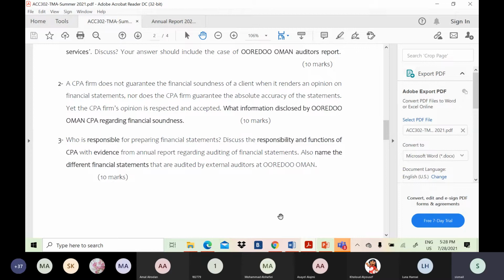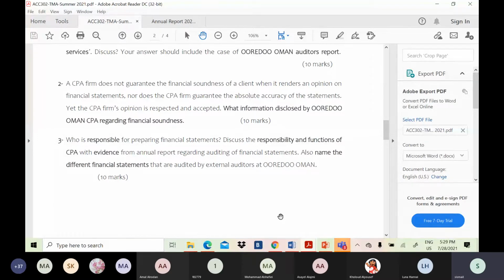Do you understand what I'm doing? For every part, where do I go: to the material, whether the PowerPoint or the book, or to the audit report? Who is responsible together involves two sources. You have to return to the material to know who is responsible, and also support your answer from the annual report. The second part of the question: discuss the responsibility and the function of CBA. Go to the material, with evidence from the auditor report.